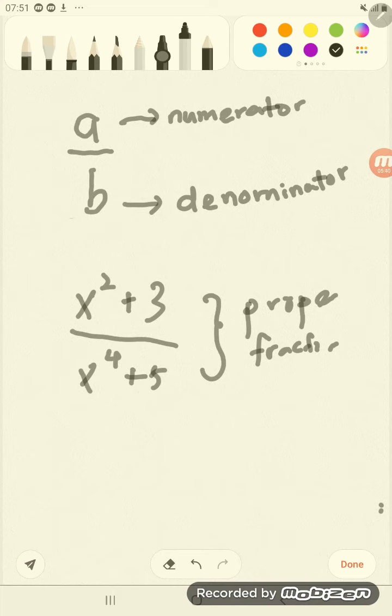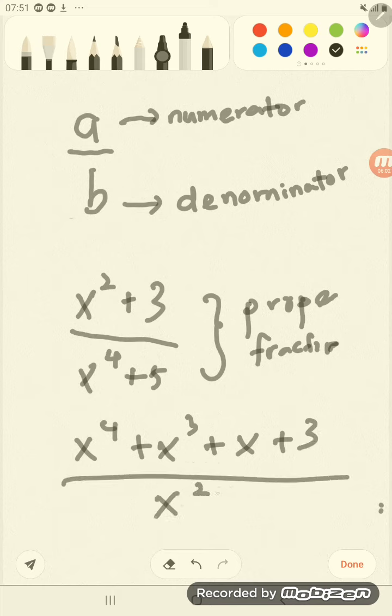But how about an example of an improper fraction? Here we can just turn the equation like this. Because we have so many powers here, we get 3, 1 and x to the power of 0.